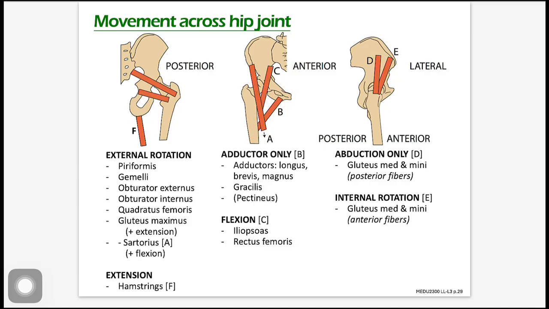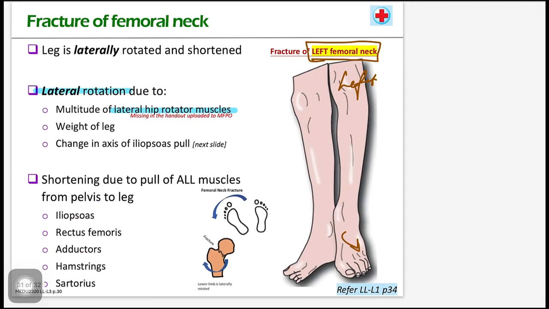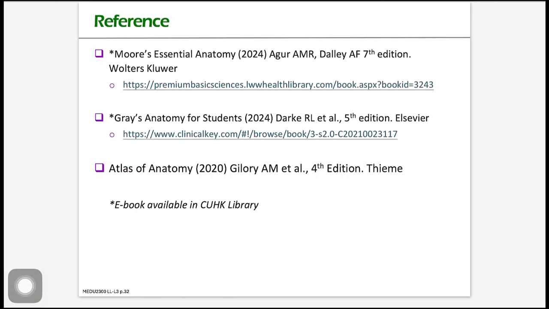If the contact point, the axis here breaks, from this one, now the axis becomes this one. If the muscles still keep on contracting, that's why the lower limb will become shortened and a little bit flexed upward. This is one of the iconic ones I want to draw attention to.